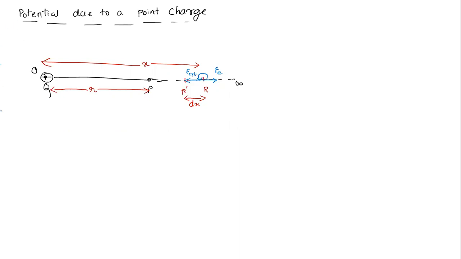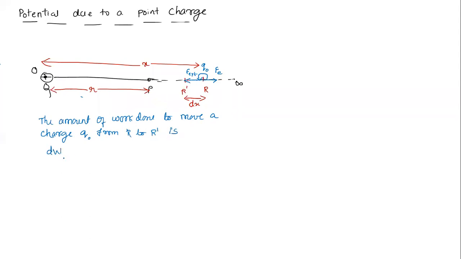Let's say the amount of work done to move a charge, let's say Q naught, from R to R dash is given by what formula?